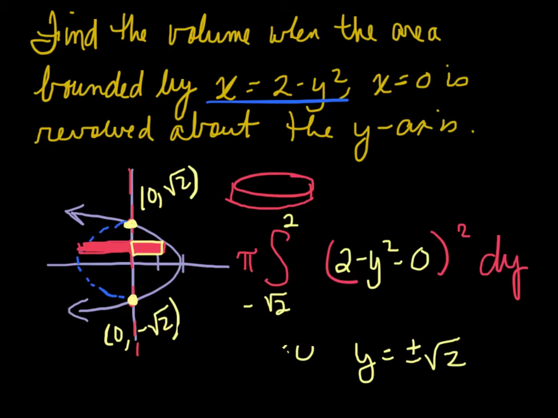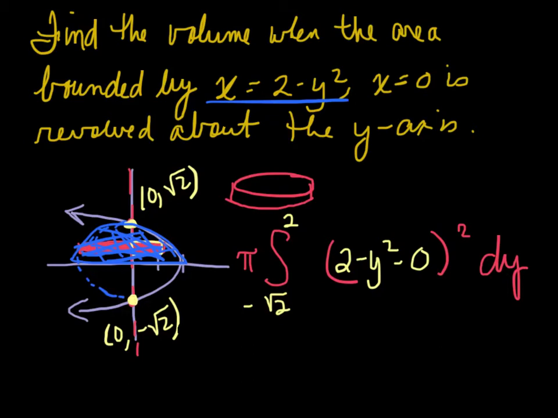Let's clear off some room here. If I'm just setting it up and don't have to integrate the problem, it really doesn't matter what my limits of integration are, as long as I do it as a dy. But if you have to integrate, you could actually do this a little easier and say, hey, why don't we just worry about finding this top part of the volume and then doubling that. So if I could find that, then I could double it and get the total volume.